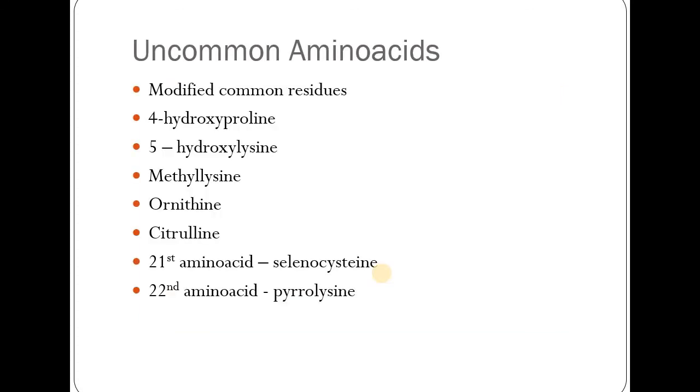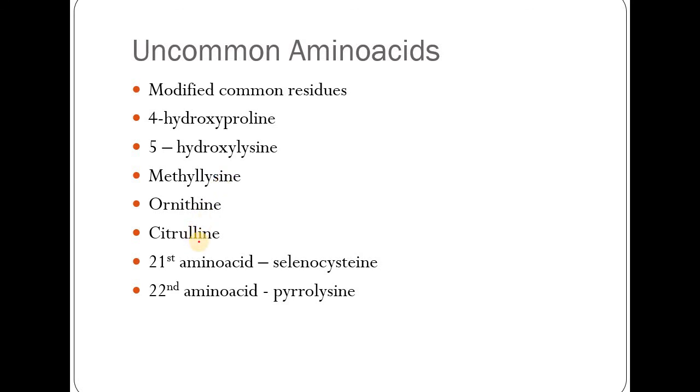Okay, so apart from this, there are also some more uncommon amino acids, which are kind of modified. Okay, so here we can see hydroxyproline, hydroxylysine, and methyl lysine. All these are amino acids which are present in the plant cell wall and which impart mechanical structure to the plant cell. And hydroxylysine is present in one of the fibrous proteins.